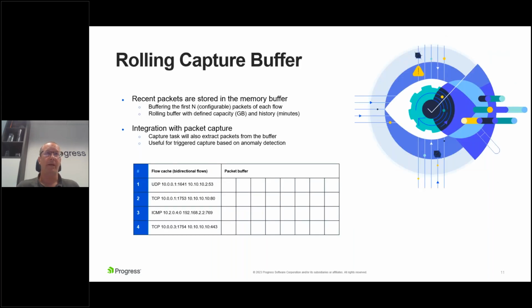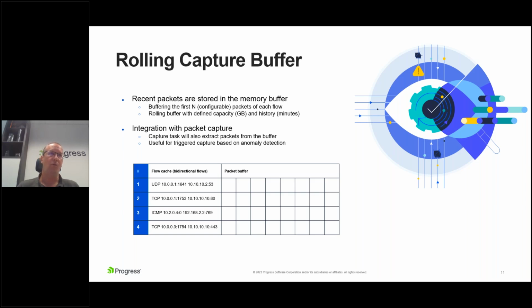There is one very interesting capability that I would like to explain, which is a rolling capture buffer. So the packet capture can go into the past for a couple of minutes, because the Flowmon Packet Investigator is actually buffering first n, where n is configurable, packets of each flow, and provides a history in minutes.